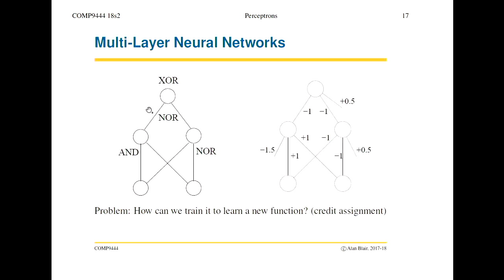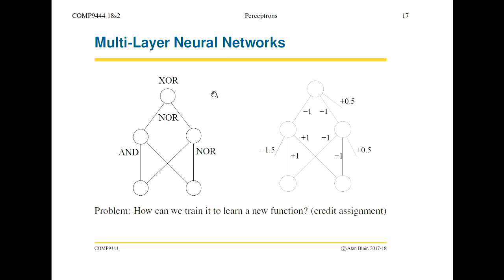So I can put together a little network. I can't compute this with one neuron, but I can put together a little network of 3 neurons, and between them they all compute XOR. This is x1 and this is x2, so this computes x1 and x2, this computes x1 nor x2, and this computes this nor this.